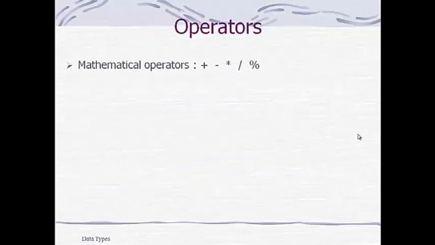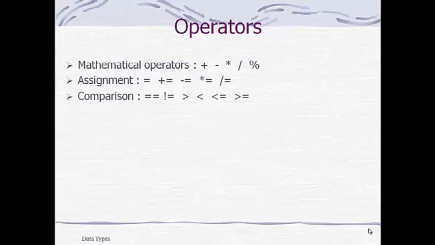Operators in Java. Mathematical operators like plus, minus, multiplication, division, and the percent sign for remainder. Assignment: equal to, plus equal to, minus equal to, multiplication equal to, division equal to.